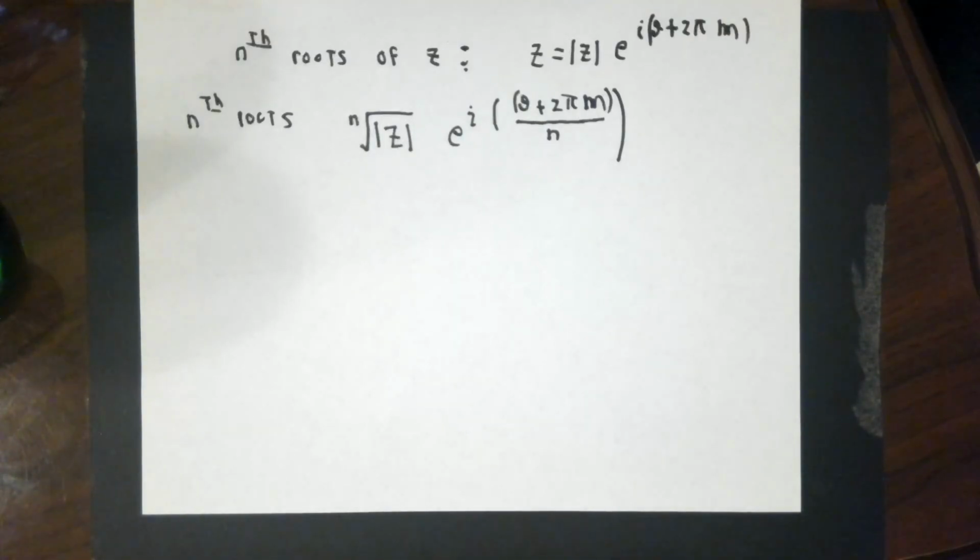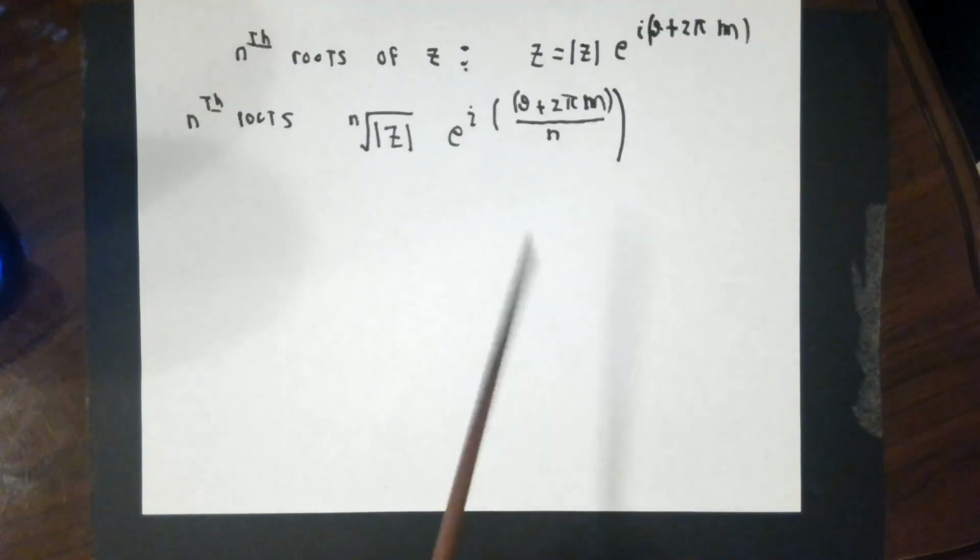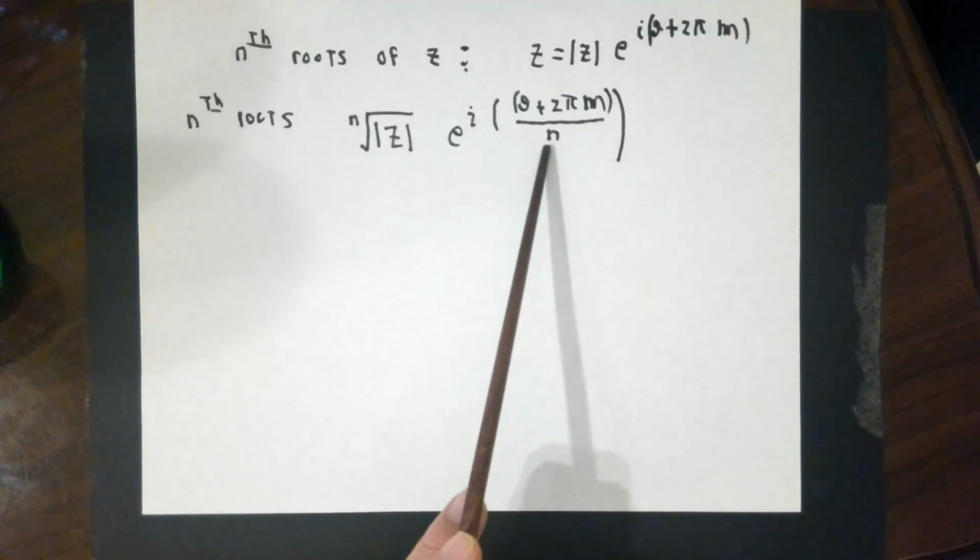So I can think of m as being 0 and 1 and 2 and so on. If there wasn't the division by n, that would be landing me at the same place constantly. The n on the bottom of the fraction is going to change that.